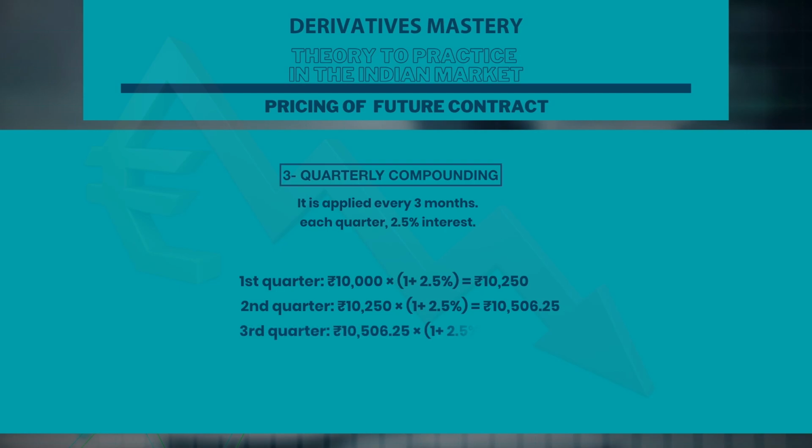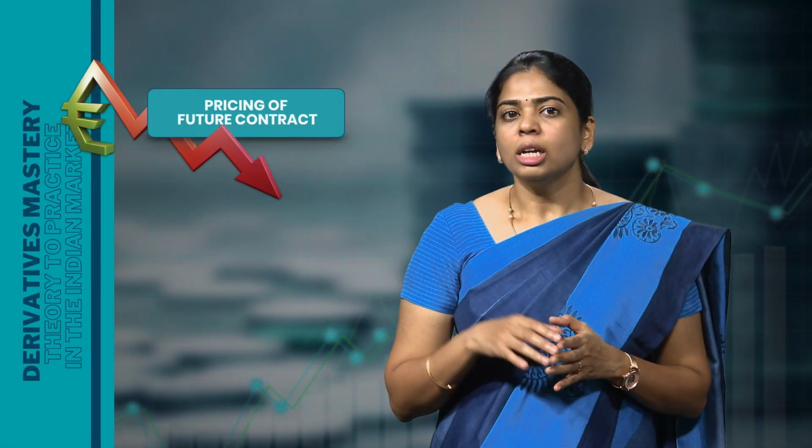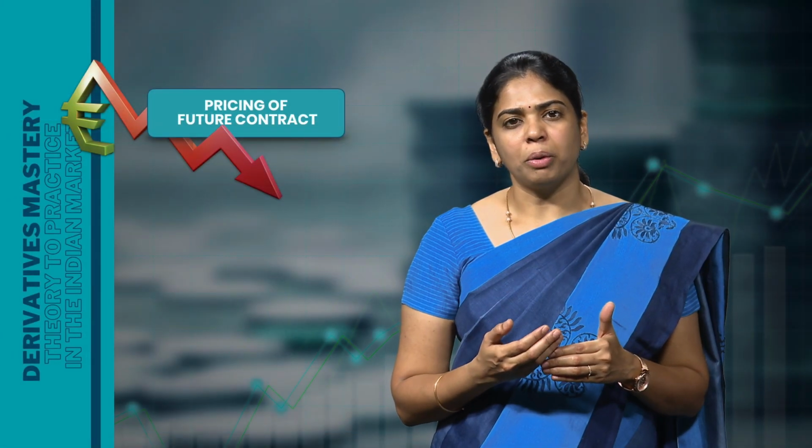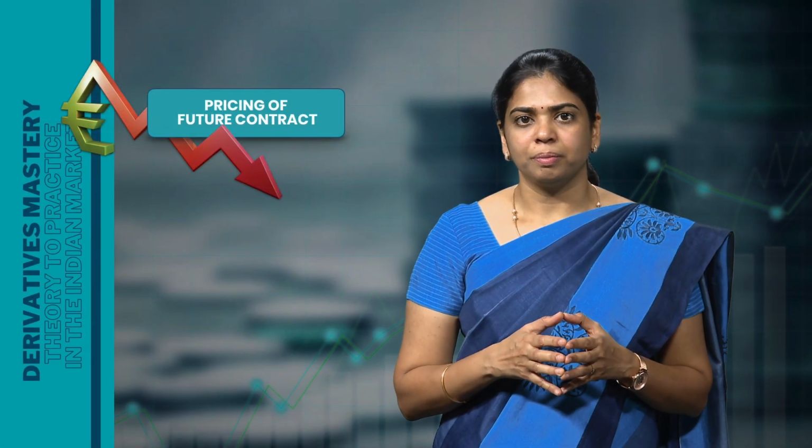In the third quarter, 10,506.25 into 1 plus 2.5% gives us 10,768.91. In the fourth quarter, 10,768.91 into 1 plus 2.5% gives us 11,038.13. So, with quarterly compounding, your 10,000 grows to 11,038.13. The more frequently interest is compounded, the higher the amount.